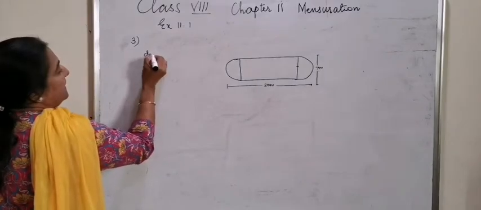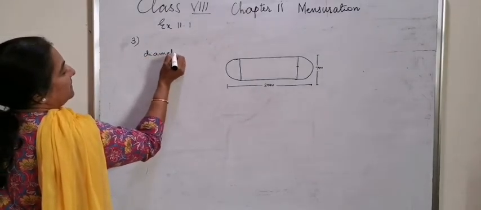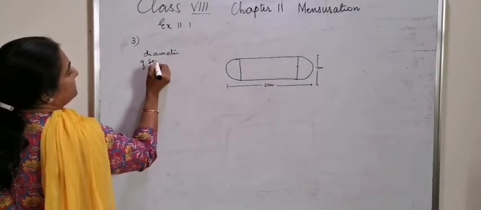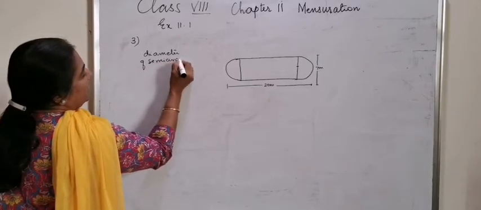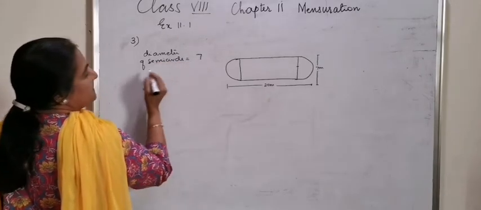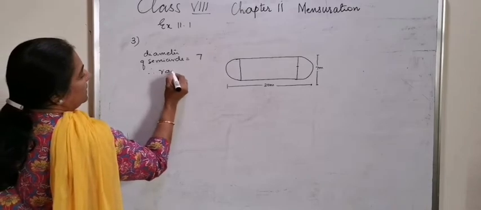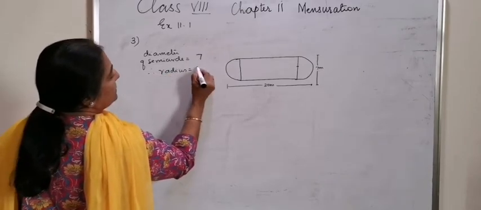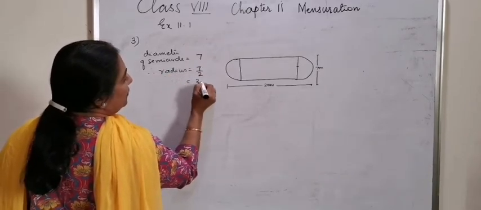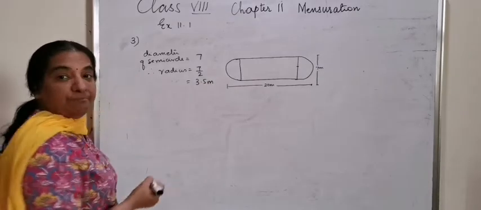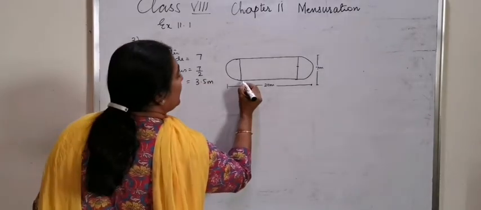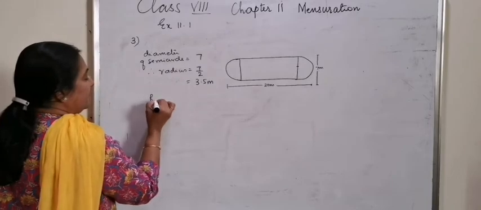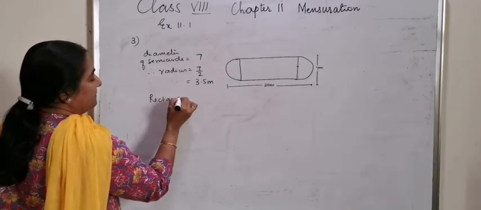So diameter of the semicircle is 7. Therefore, the radius is equal to 7 by 2, or it is 3.5 meter. So what will be the length of the rectangle?